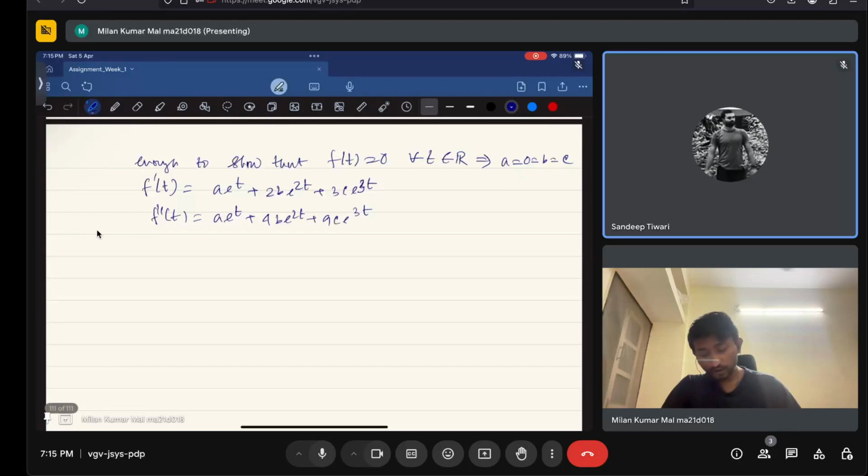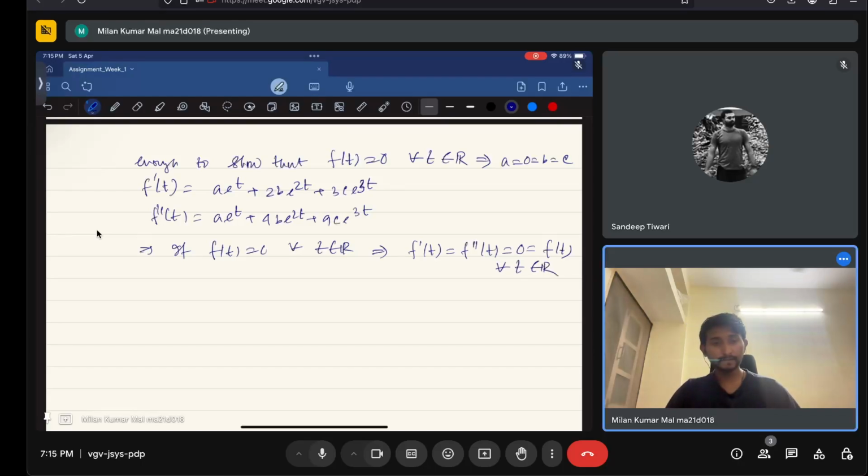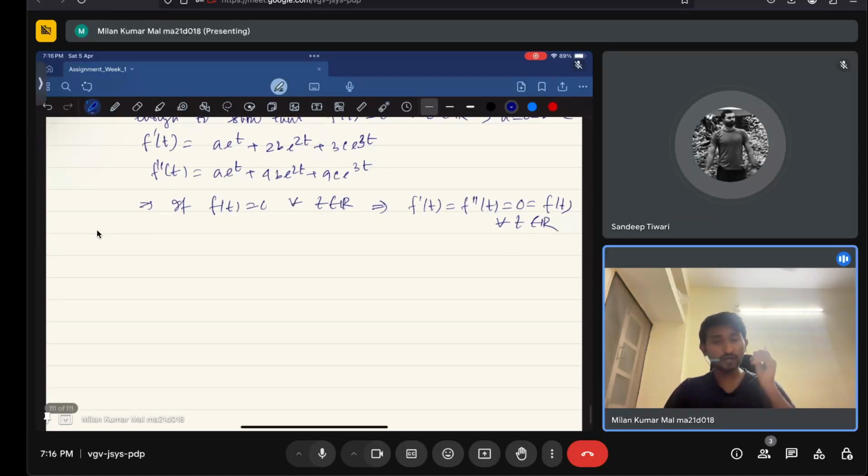Now I have to show that if f(t) equals 0 for all t belongs to R, that implies f dash t equals f double dash t equals 0 equals f(t) for all t belongs to R. That should happen, right? Because f is the zero function.